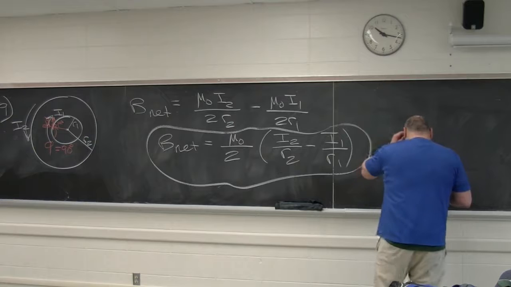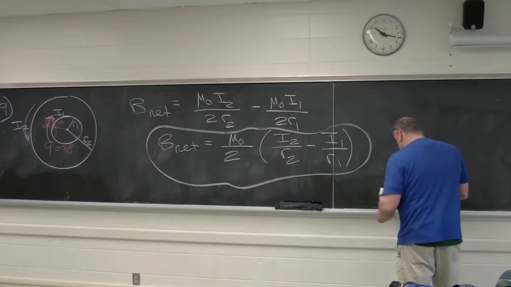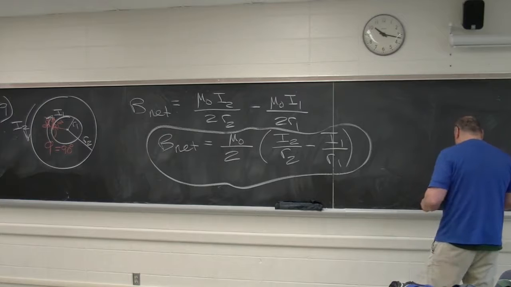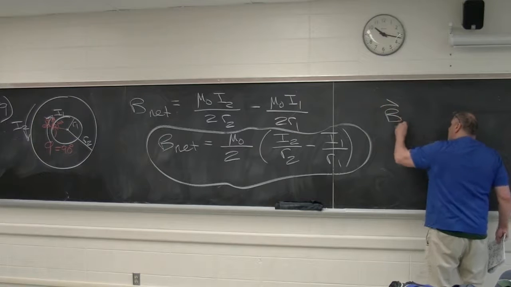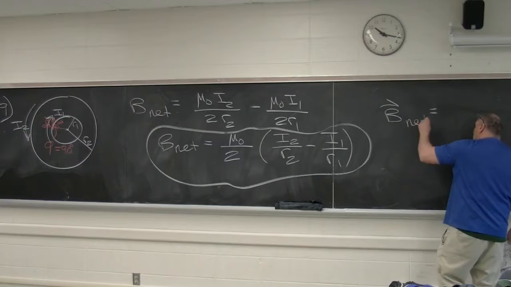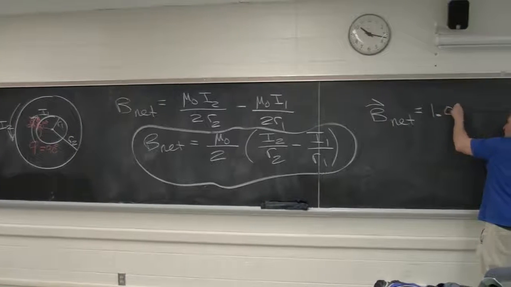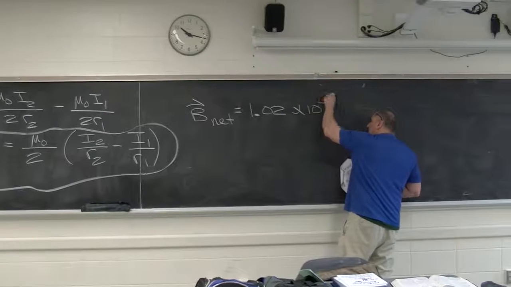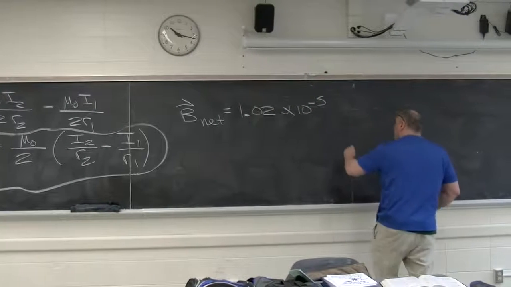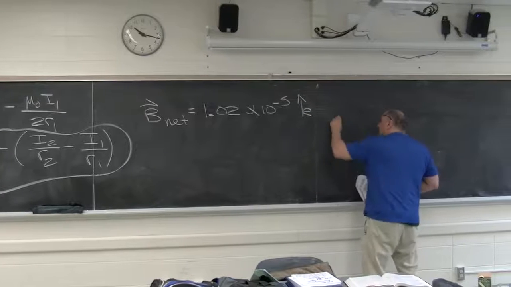Do the whole business here, guys. It looks like, like I said, the outside guy overpowers the whole situation, and it's coming out of the page. We got B net for this situation coming out of the page. Tesla. That's out of the page.